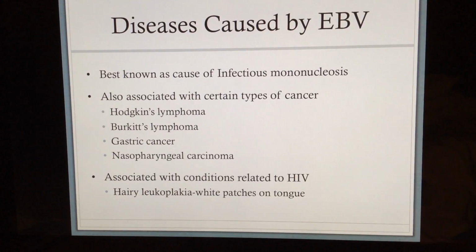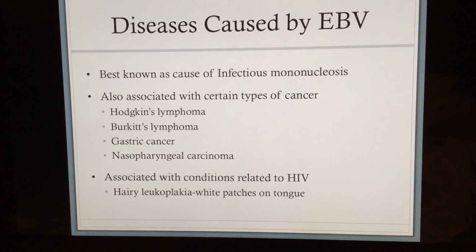Here are some diseases that are caused by the Epstein-Barr virus. First, the best known cause is that of infectious mononucleosis, or mono. Other associated diseases that are caused by the Epstein-Barr virus can be certain types of cancers.